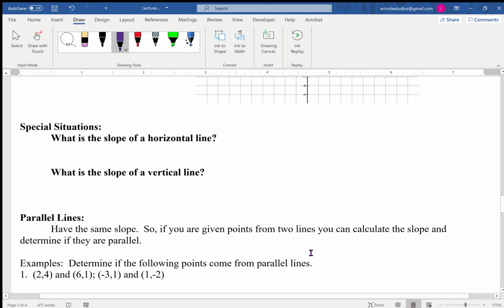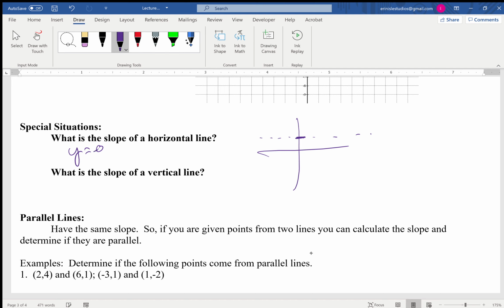Okay, we've been talking about this a couple of times. Slope of a horizontal line. Here's my axis. So remember, a horizontal line is this direction. So this is the 0 rise. Sorry, I'm looking at the slope. 0 rise over an infinite run.